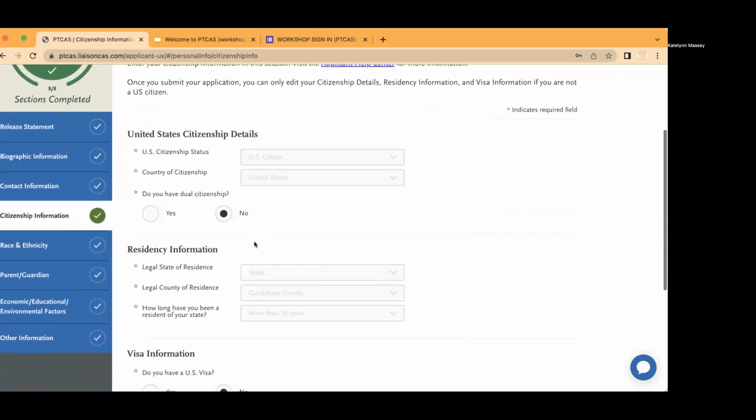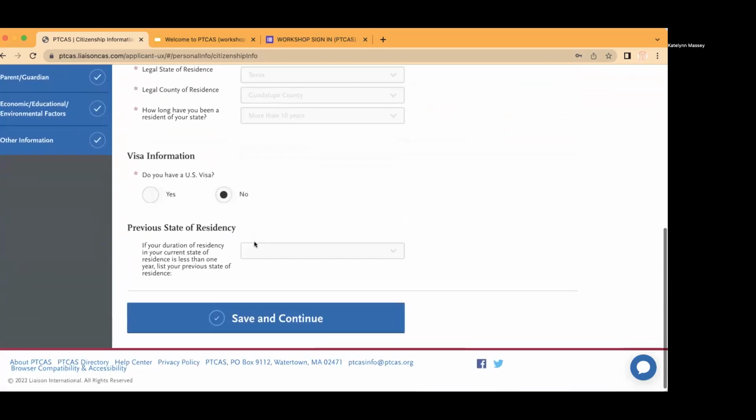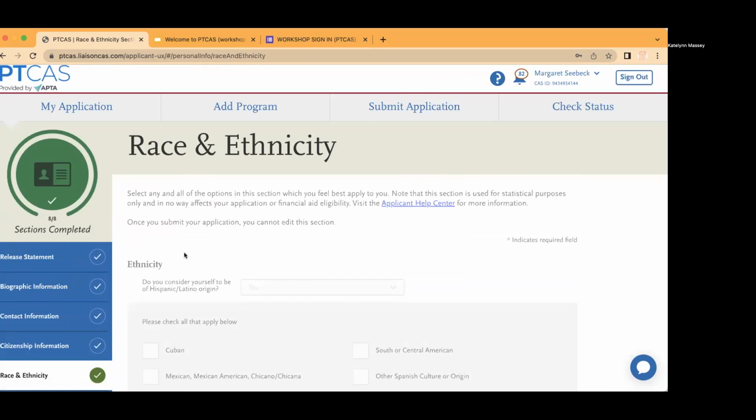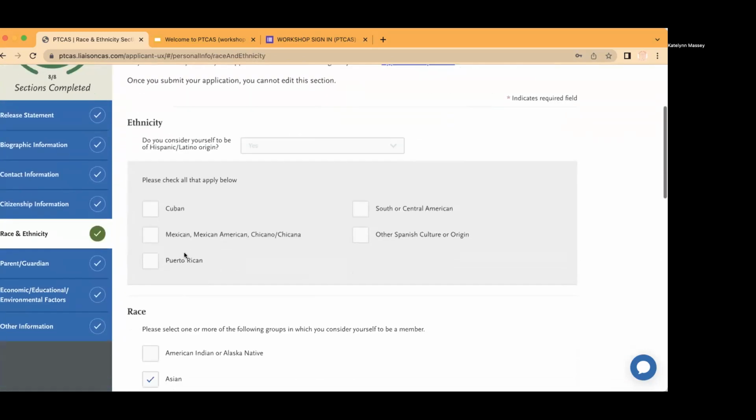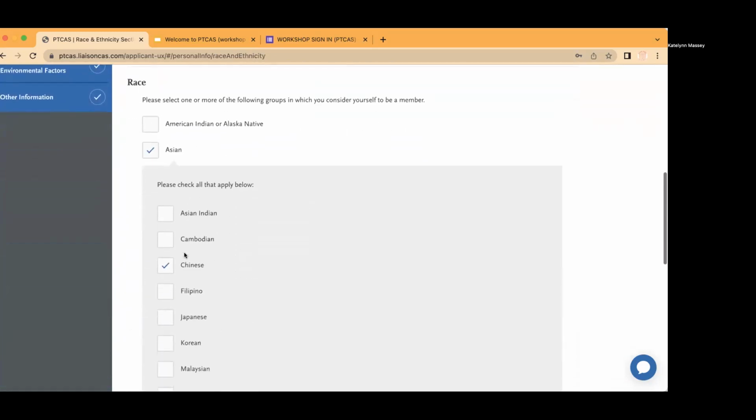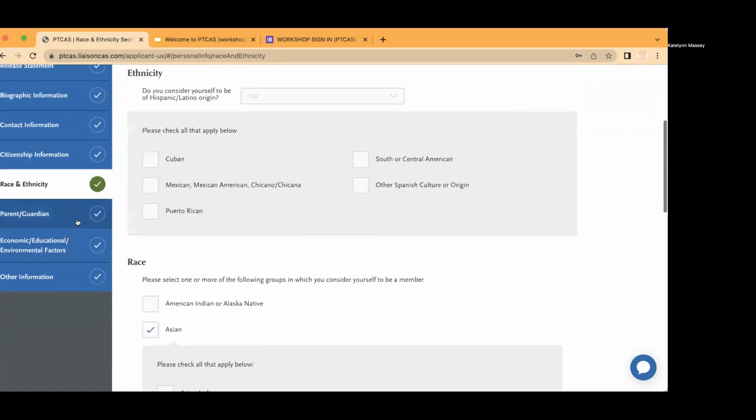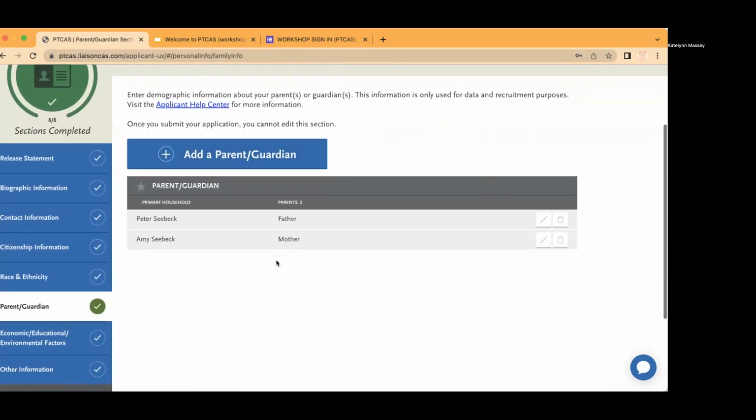Citizenship, it's basically going to ask, are you a citizen? Do you live here? Do you have a visa? Race and ethnicity, this is where you're just going to put your race and everything, fairly simple. Parent and guardian, I just put my parents' names and their relationship to me, so my mom and dad.